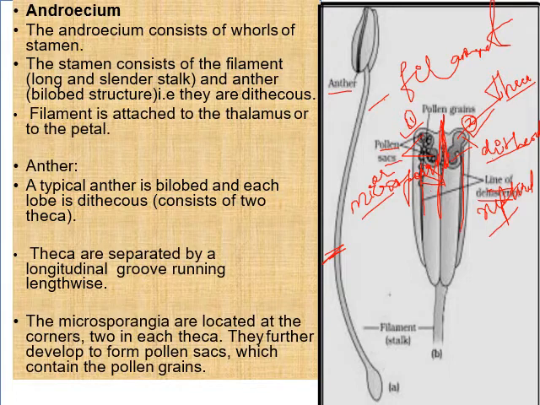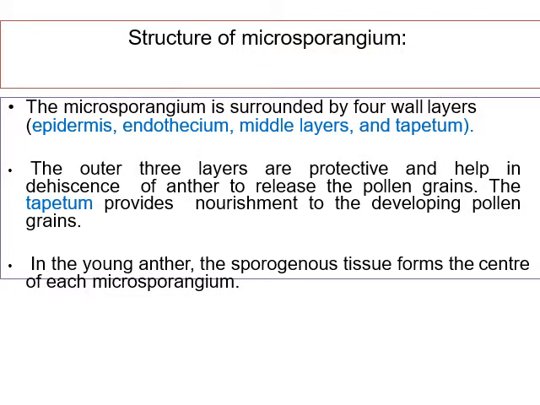Now moving to the next, what is the structure of a microsporangium? If we go through a longitudinal section of a microsporangium and see its detailed structure, first of all we find that it is surrounded by 4 wall layers. Those 4 wall layers are epidermis, endothecium, middle layer, and tapetum.